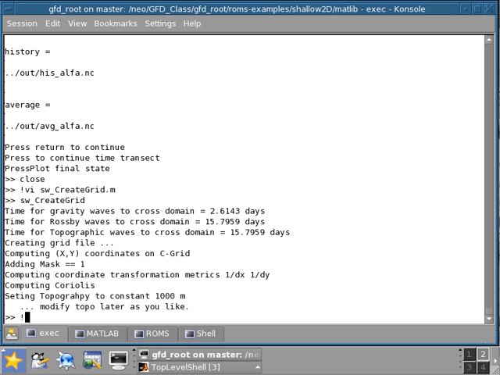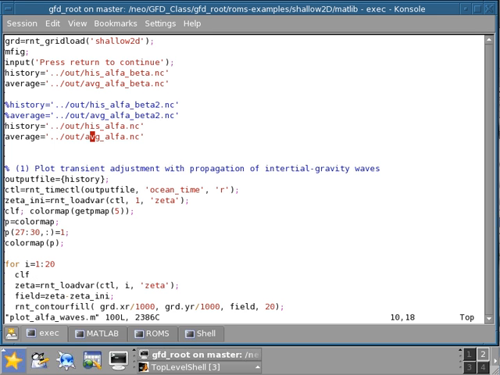Now if you then perform the model run and you plot the solution using this alpha wave scripts, I call the solution in this case alpha beta. Okay, so I'm just going to uncomment this.